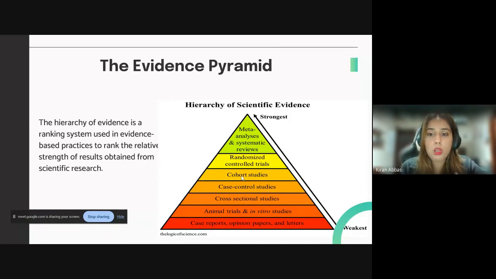I'm sure that you all are aware of what a cross-sectional study is, what a case control study is, and what a cohort study is.